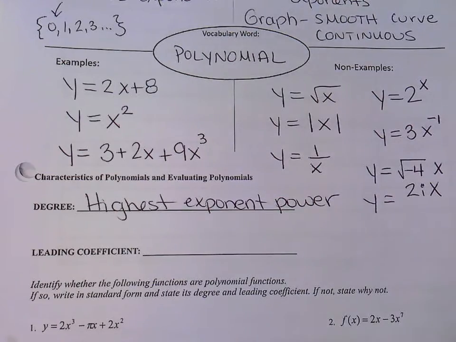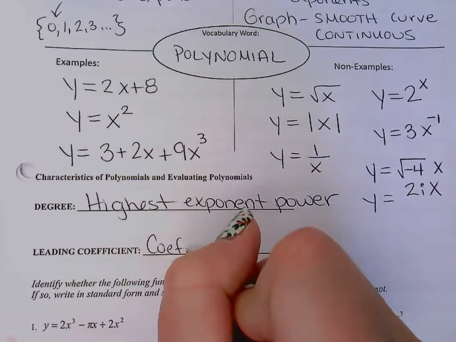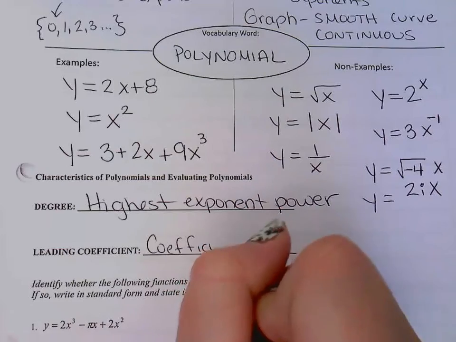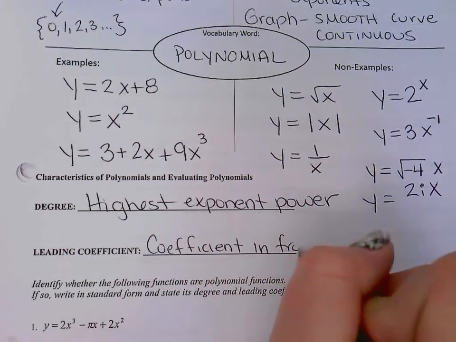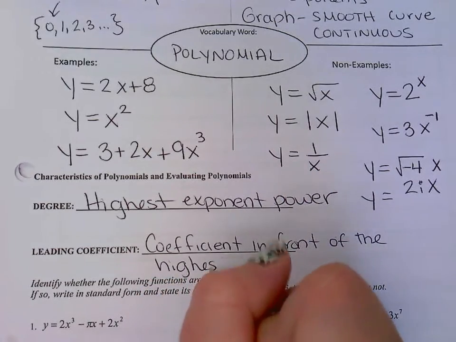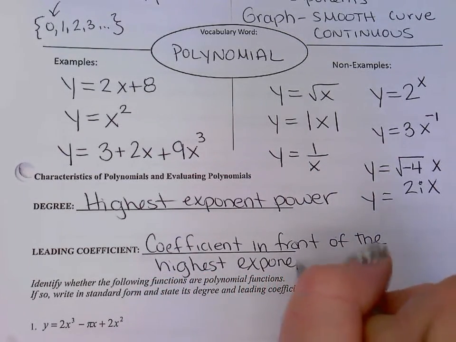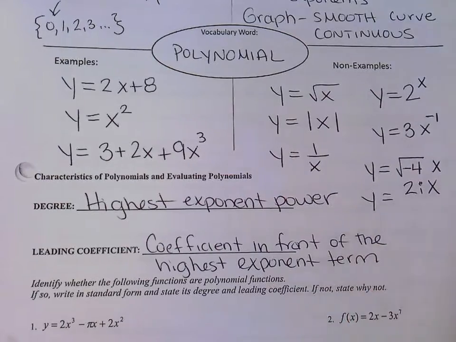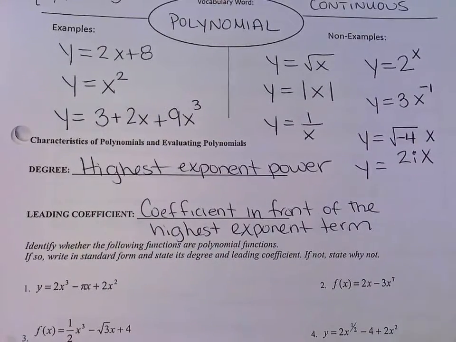The leading coefficient is the coefficient in front of the highest exponent term. It's not leading this equation over here, but the leading coefficient would be 9 because in standard form, 9x cubed would come first.